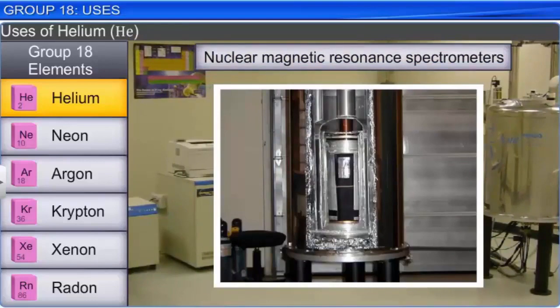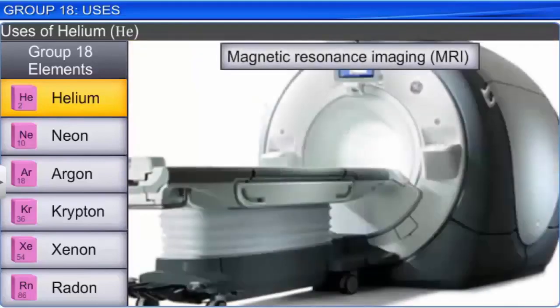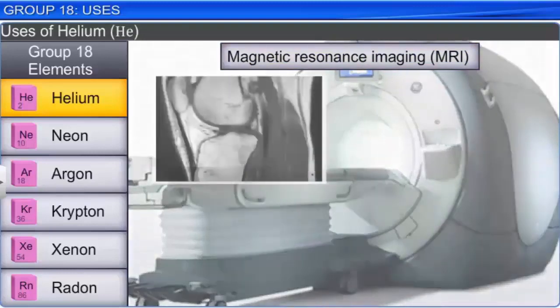Liquid helium is also used in the medical field to cool the superconducting magnets that are essential components of magnetic resonance imaging, MRI systems. You know that MRI systems are used for clinical diagnosis.